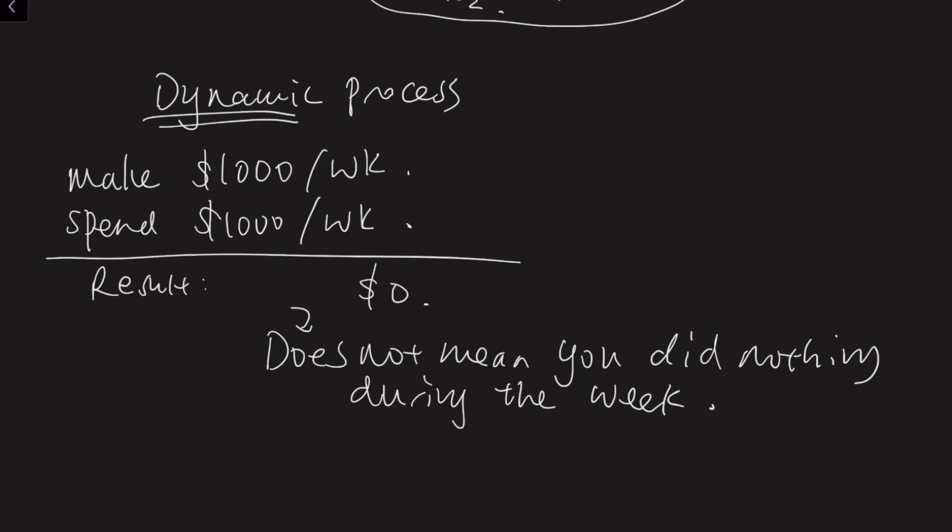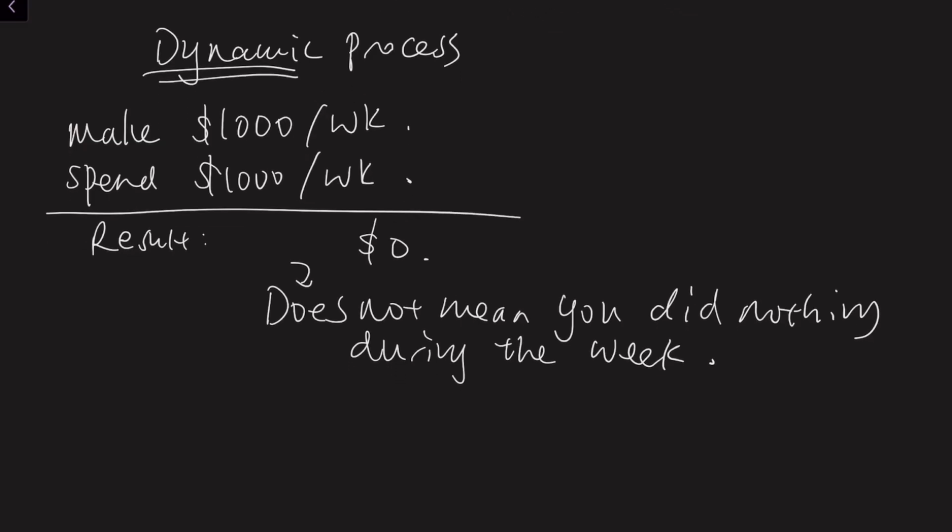In fact, you did a lot of things. You have made $1,000 in this week, and you have also managed to spend this $1,000. So you actually did many things during this week. But unfortunately, these two things cancel each other out. So in the end, you do not have any money left. But this does not mean you didn't do anything during this week.